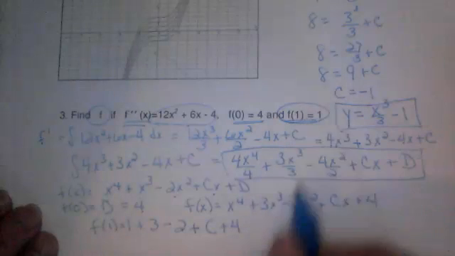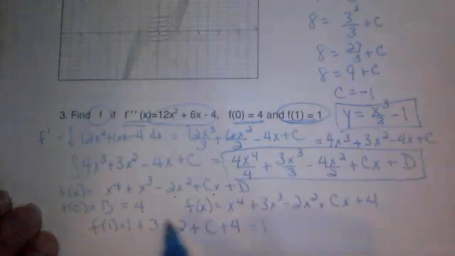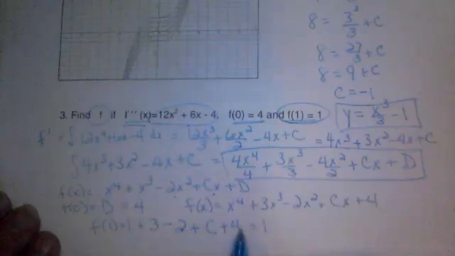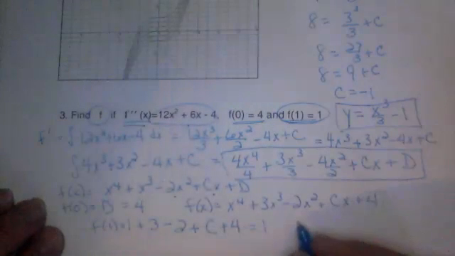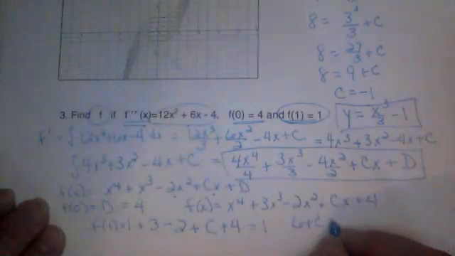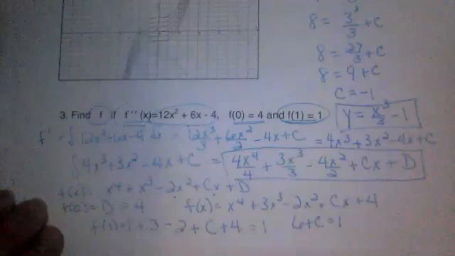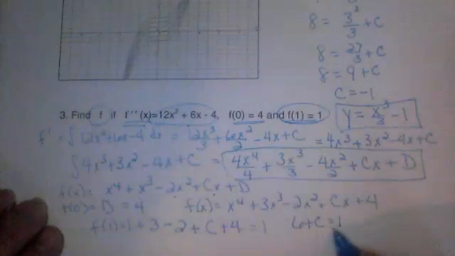And I know that this is supposed to equal 1. So I get 1 plus 3 is 4, minus 2 is 2, plus 4 is 6. So 6 plus c equals 1. Let's see here. And so we get c is negative 5.